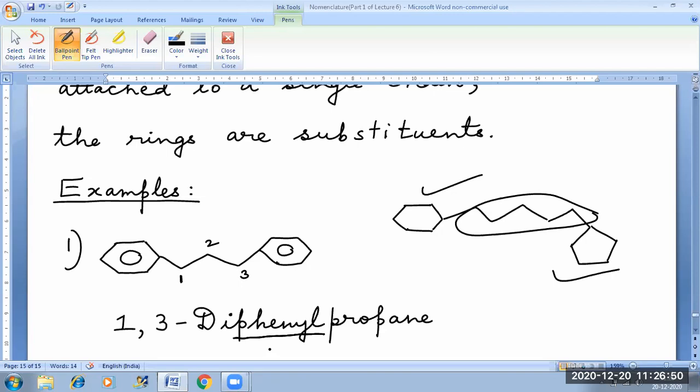I have to use the word phenyl because when benzene is a substituent, then phenyl is the prefix for that. 1 and 3 indicate the positions of the phenyl rings. So 1,3-diphenyl, because there are 2 rings, and that is why the word di is used. 1,3-diphenylpropane.